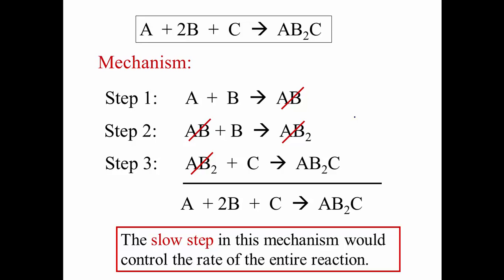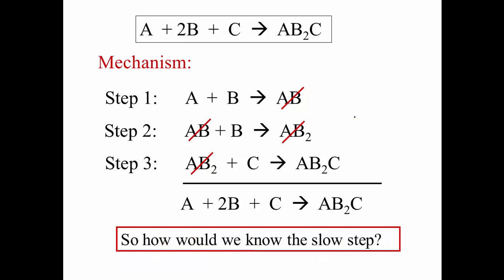So the slow step in this mechanism, so we have three steps, and one of these steps is the slowest step, and it would control the entire rate of the reaction. But how do we know which of these is the slow step? Well, with this information, we don't. So we would have to run an experiment.